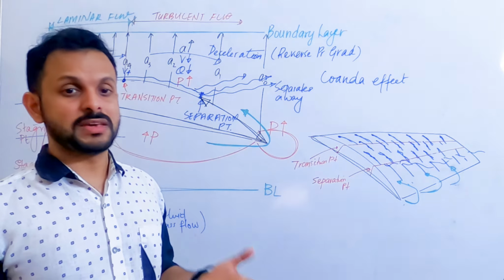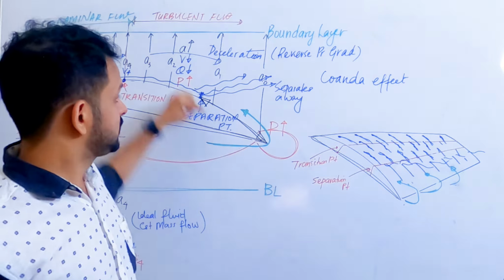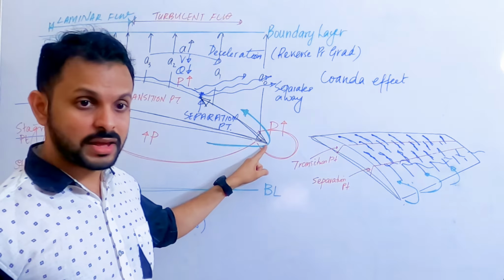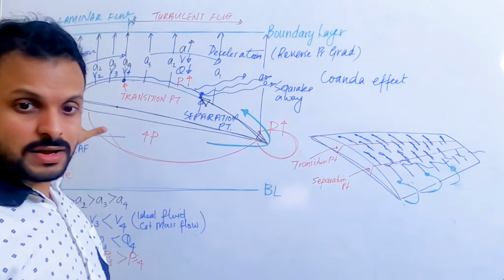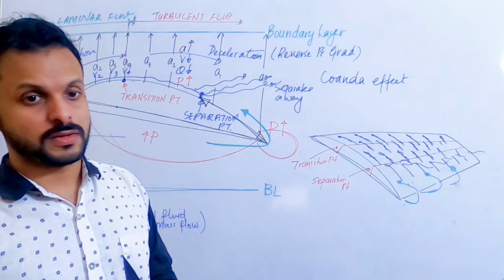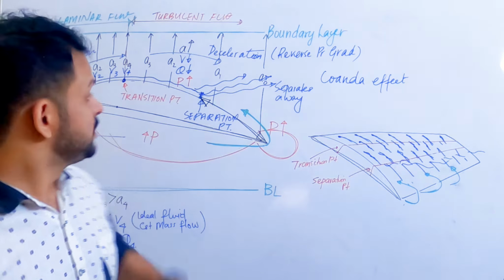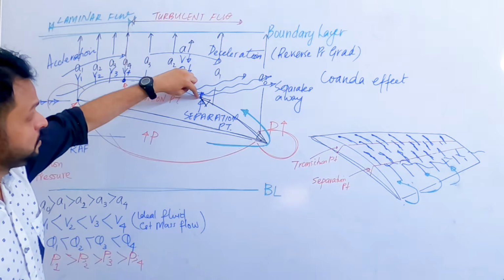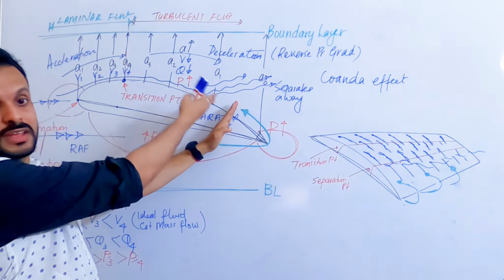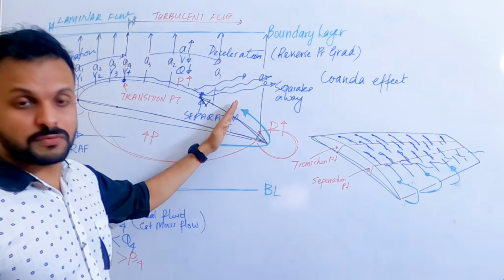So ideally speaking, where would you want the separation point to be? More closer to the trailing edge or more closer to the leading edge? More closer to the trailing edge, right? The closer the separation point is to the trailing edge, the more wing area you're using for lift production.